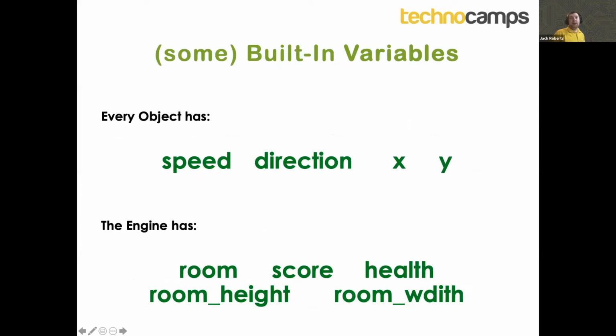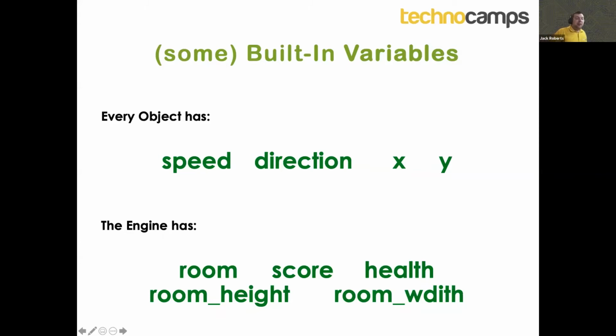Does anyone have any guesses as to what the X variable is, and what units it uses? No guesses so far. The X value, yeah, so someone's got it across.